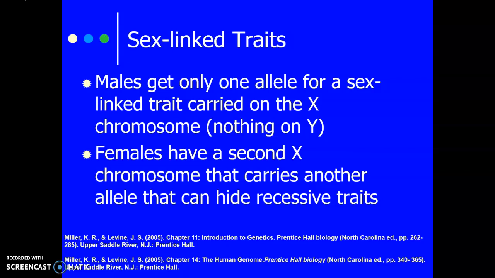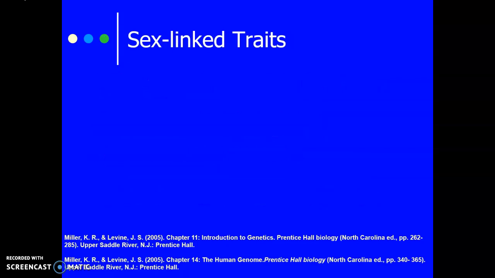So if she doesn't carry that allele, that particular trait, on both X chromosomes, she's not going to show the trait. However, it's like being heterozygous. She can pass that trait on. And if she has a male and they receive that affected X chromosome, they will have the trait. So I'm going to show you this genetically in just a moment using the actual alleles.